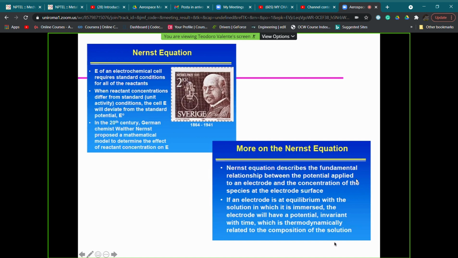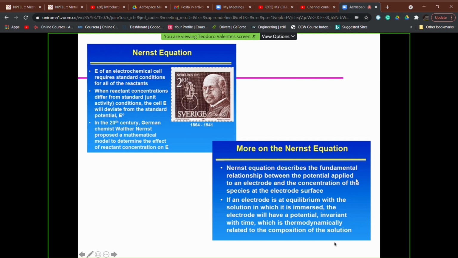Together with the concept of the Gibbs free energy, we do have something which has been studied by you some years ago, for example, in the chemistry course, the Nernst equation, which is the second pillar. And the Nernst equation is an equation which is able to let us calculate the potential of an electrochemical cell, the corrosion phenomena being based on two electrochemical cells, one at the anode, one at the cathode.